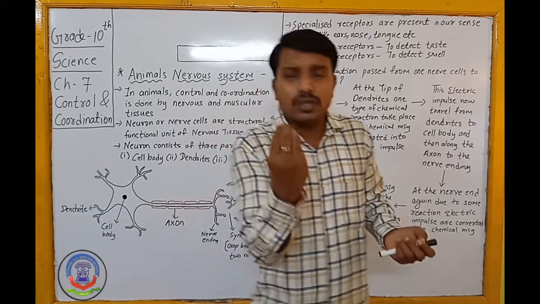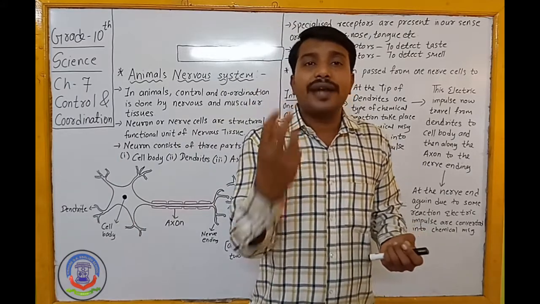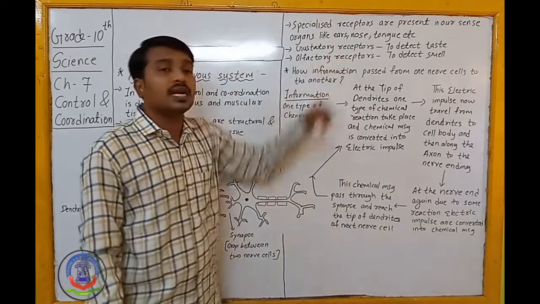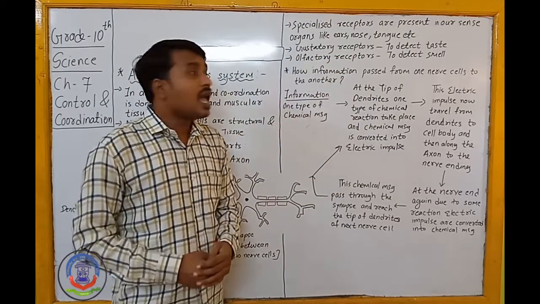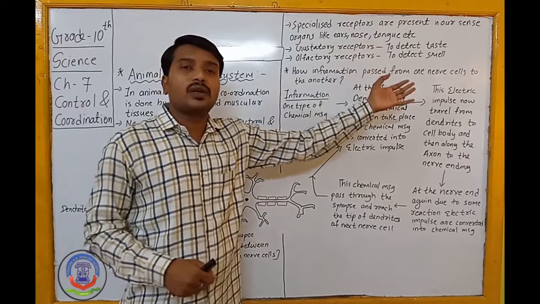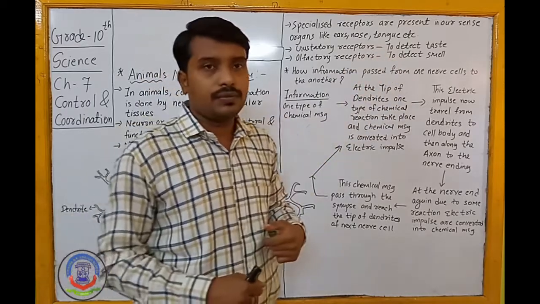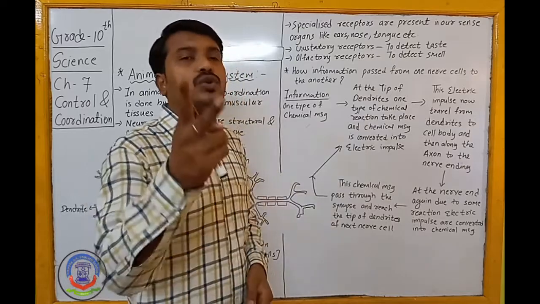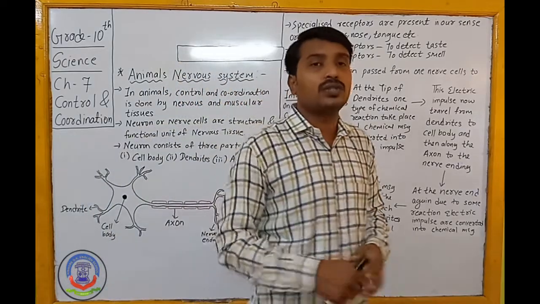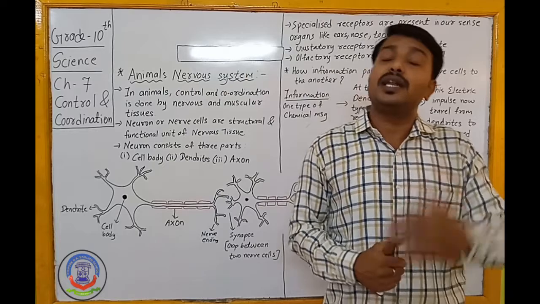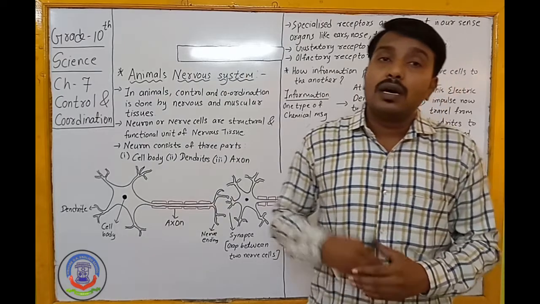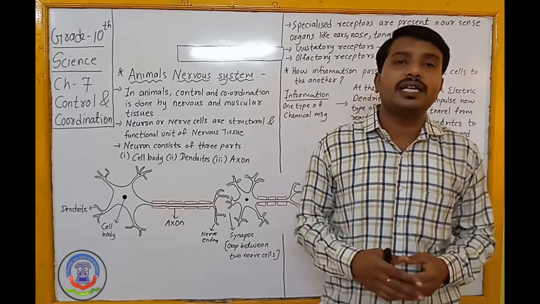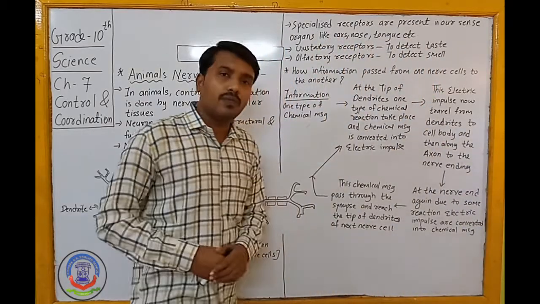So the receptors which identify the taste in our body are known as gustatory receptors. And the receptors which detect or identify the smell are known as olfactory receptors. These two receptors are mentioned in our textbook, that's why I have written there: gustatory receptors that detect the taste, and olfactory receptors that detect the smell in our body.